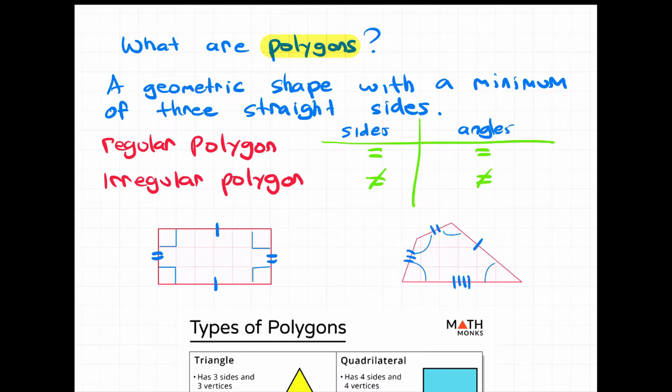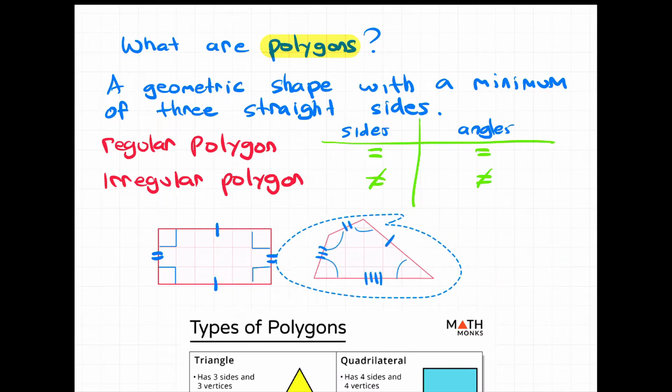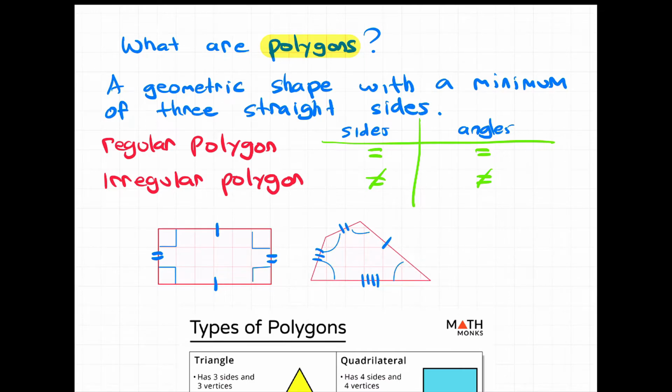So what does a regular polygon look like that has four sides? Well, that would be our square. So we would draw that with 3 by 3 by 3 by 3. So I have a shape that has all sides the same and all angles that are the same.